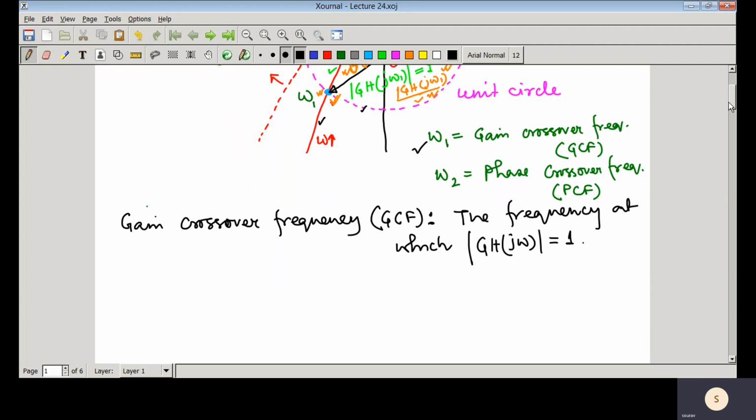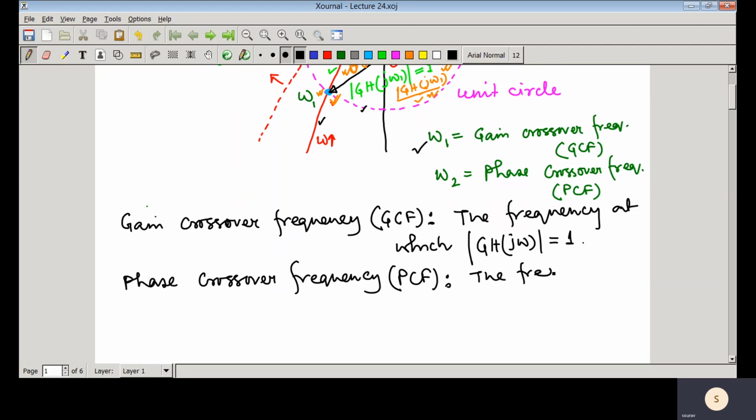So then what is phase crossover frequency? Phase crossover frequency is called PCF. This is that frequency at which the phase of the loop transfer function would be equal to minus 180 degrees.